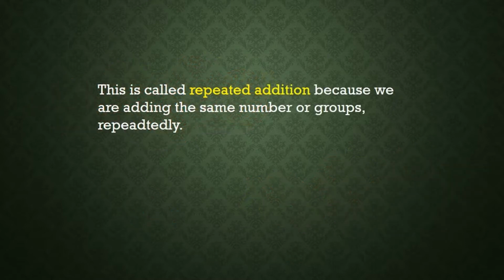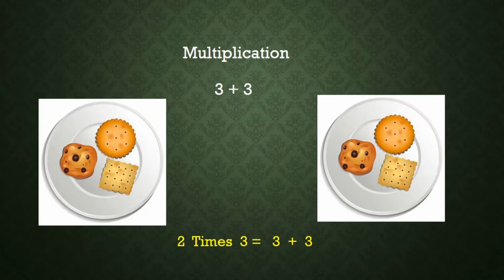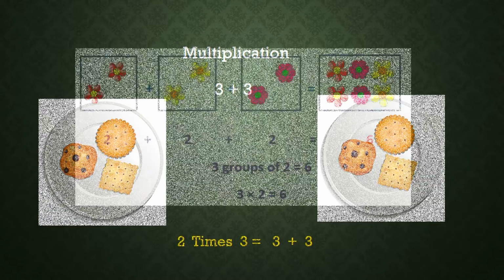This is called repeated addition because we are adding the same number or groups repeatedly. Multiplication is another way to add equal groups. So, when we see an addition problem with equal groups like 3 plus 3, we can also think of it as a multiplication problem.